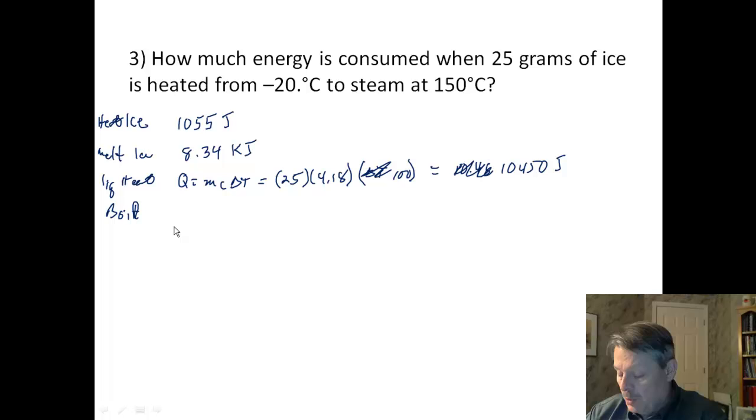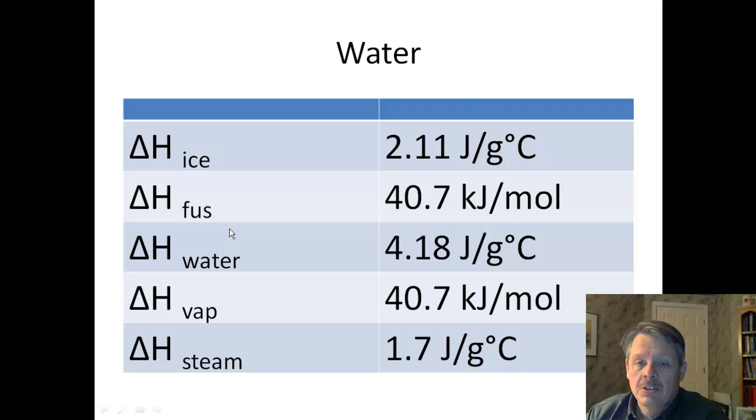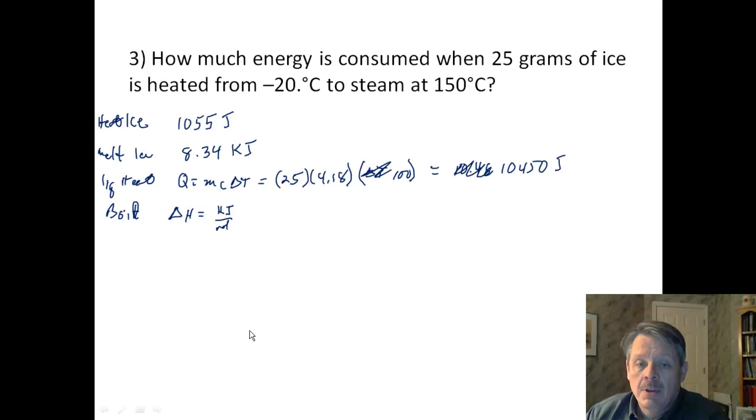So when we boil water, the thing that we know is that our delta H is equal to kilojoules per mole. And if we look back at this number, it takes 40.7 kilojoules per mole to vaporize water.